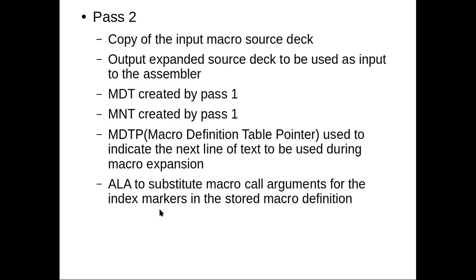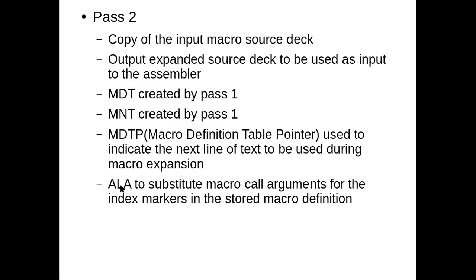So in pass 2, the input will be the output of pass 1 and the output will be the expanded code without any macros. Here we will be using the copies of the MDT and MNT created in pass 1. Apart from this, we will be using the MDTP, the macro definition table pointer. It indicates the next line of text to be used in the macro expansion.